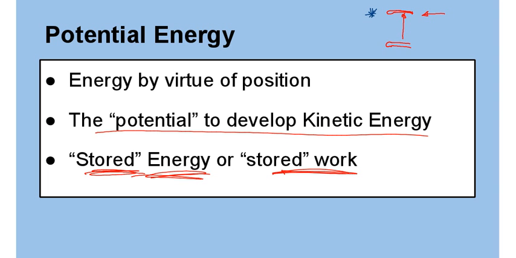If I turn loose of it, then the thing has the potential to develop kinetic energy. Or alternatively, as I raised it from here to there, I did work, and that work gets stored as energy, which we call potential energy, or more specifically gravitational potential energy. There are other kinds of potential energy, for example, a spring.